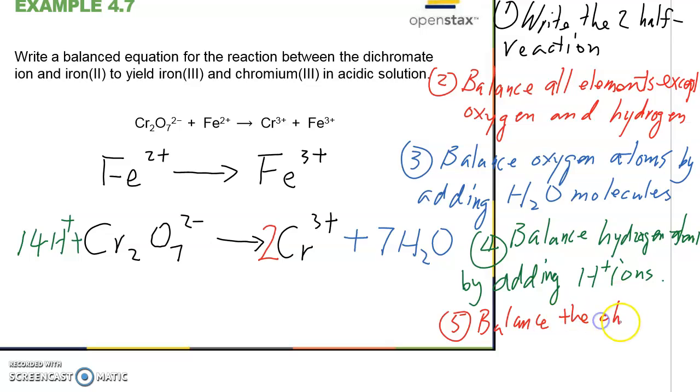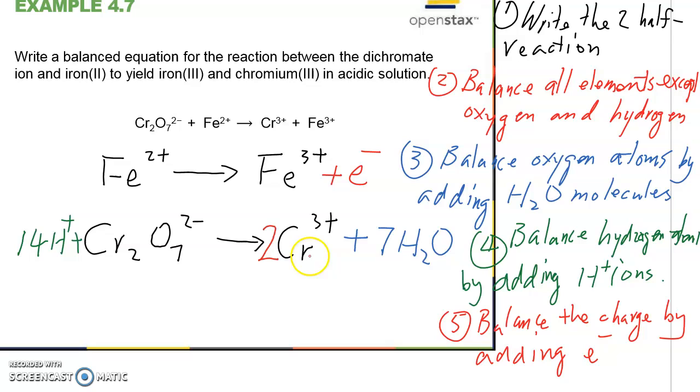Over here, in the first half reaction, I have 2 positive charge on the left side and I have 3 positive on the right side. So which side should I add electron? Because electron is negative, if I put a negative electron on the right side, then 3 positive plus 1 negative will be 2 positive.